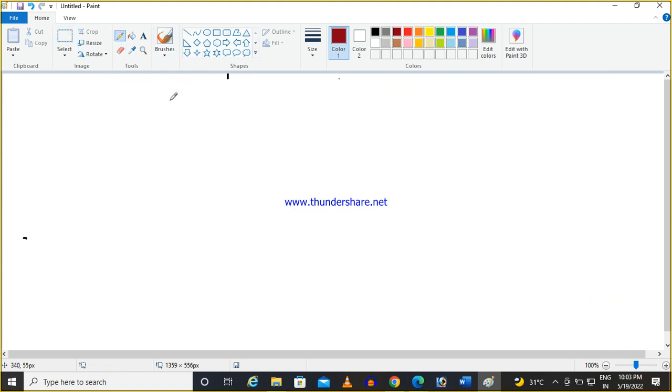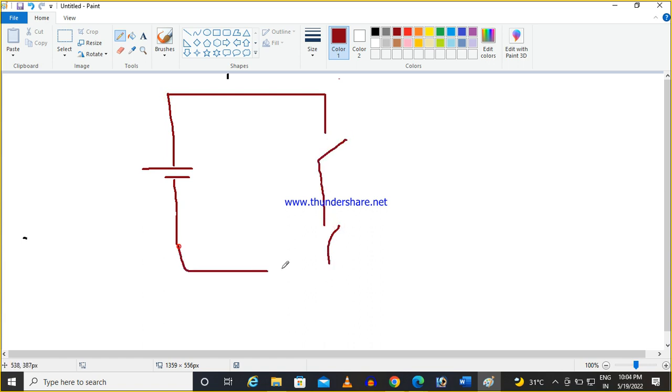Okay. Now another thing is there. You see, basically in an inverter, what is going to happen? This is the DC source, and here the two switches will be there, or here one more set of switches for the H bridge, and this is my load, and it is grounded.